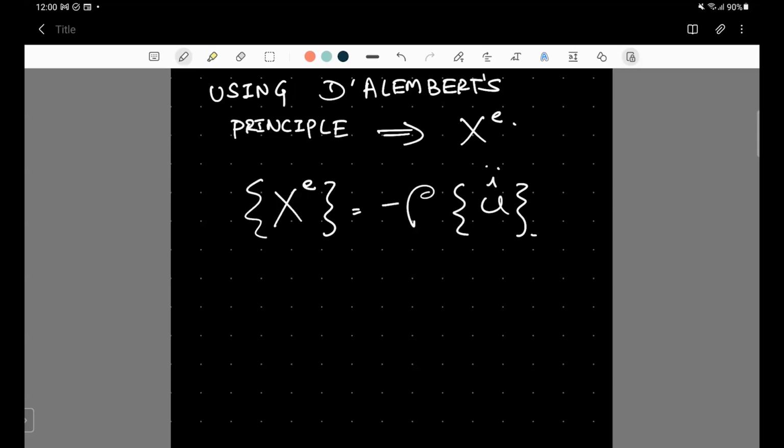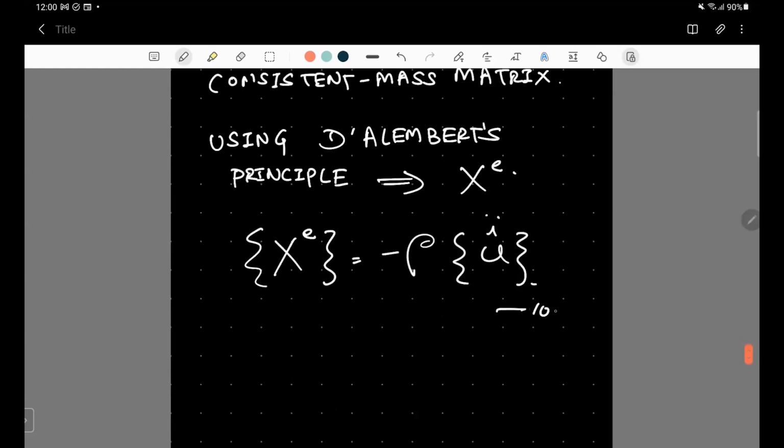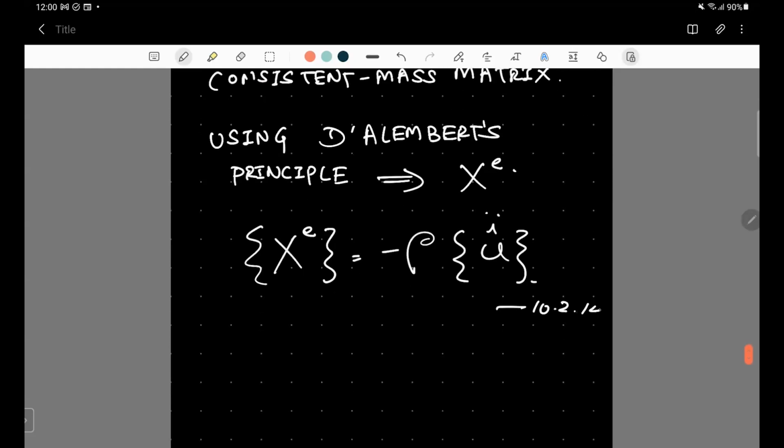And the nodal forces, of course, associated with this particular body force term are found by the following equation, which I will write down for the sake of completion, 10.2.14.